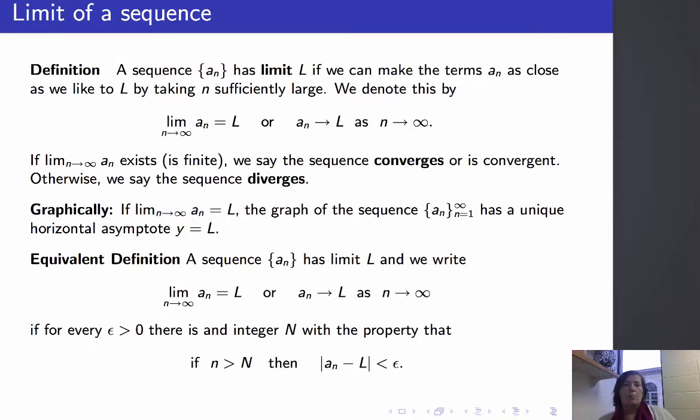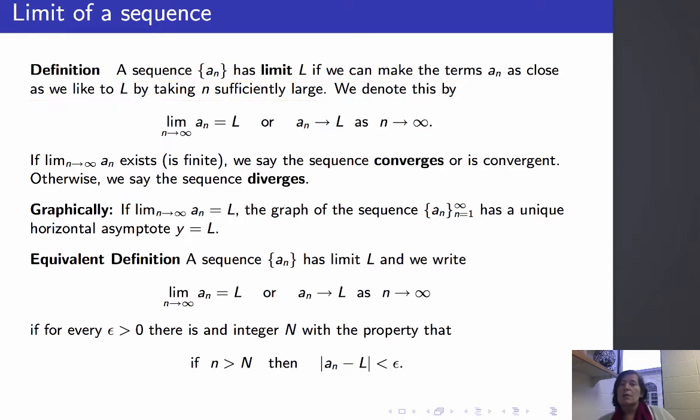And we can make that precise. The definition is the same as we had for functions of x in Calculus 1. A sequence a_n, which is really just a function of n, has a limit L if we can make the terms a_n as close as we like to L by taking n sufficiently large.